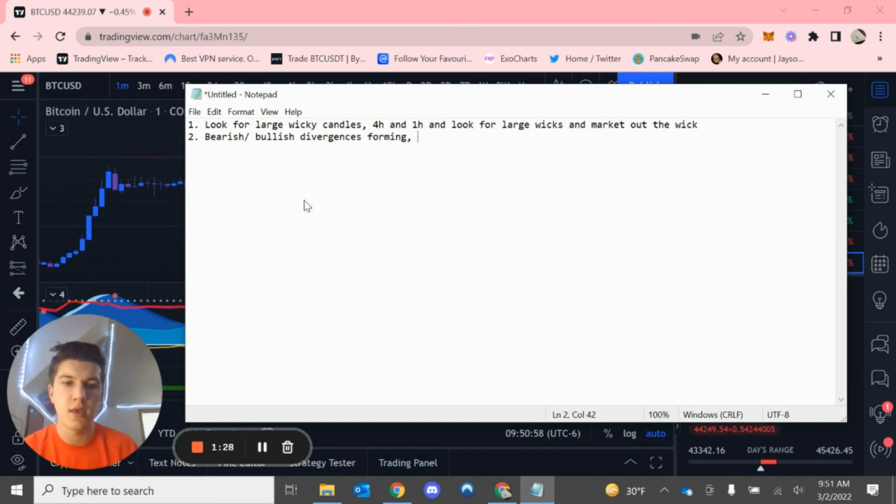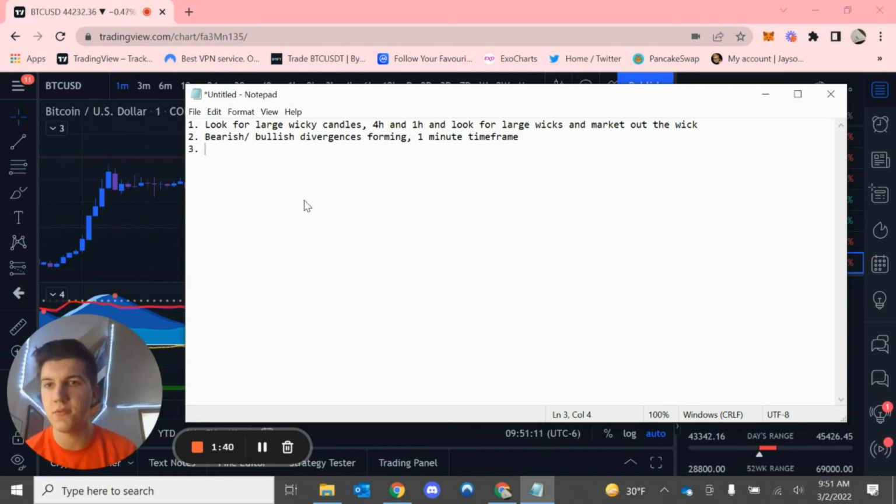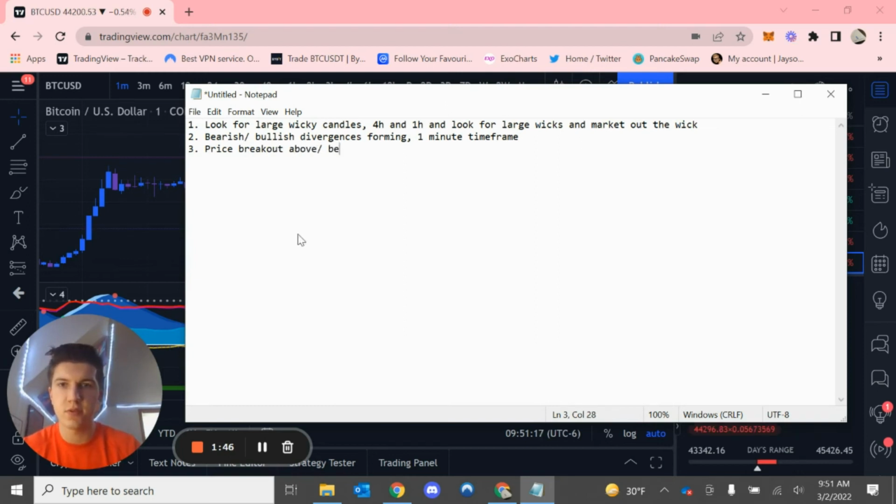But as a beginner, I recommend starting out with the 1-minute time frame. And then next, you want to see price break above or below the wick.